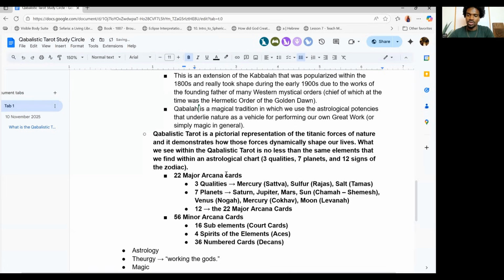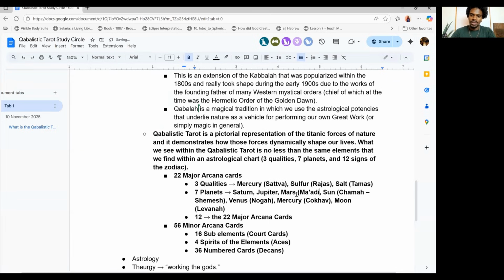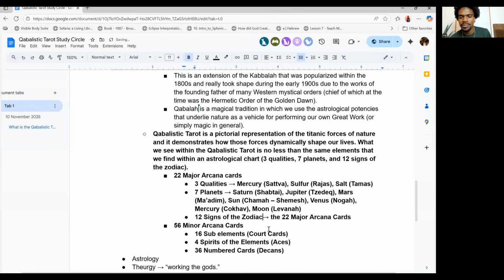Both of those are names for the sun. Mars is Ma'adim. Jupiter is Tzedek, which means holy or righteous. And Saturn is Shabtai. And then the 12 signs of the Zodiac. I'm definitely not going to write out the 12 signs of the Zodiac because you know them. Okay? And that collectively gives us the 22 Major Arcana cards.